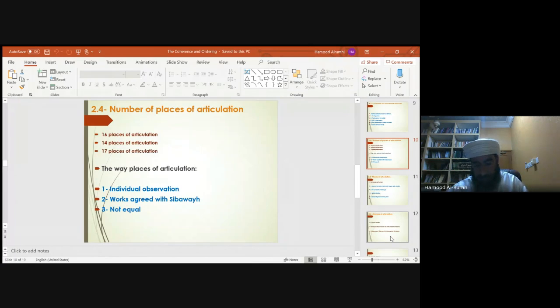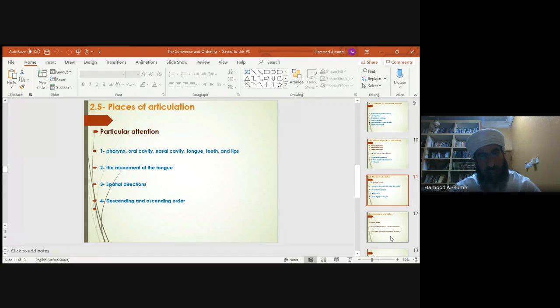Also, most of these treatises agreed with Sibawayh in the number of places of articulation. The ancient Arab grammarians realized that the number of sounds, exactly phonemes, in Arabic is not equal to that of the places of articulation.